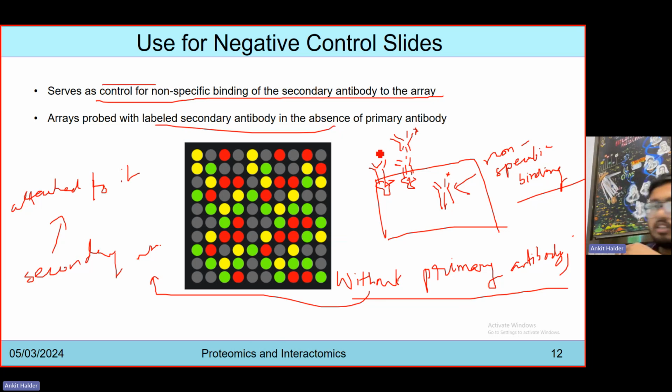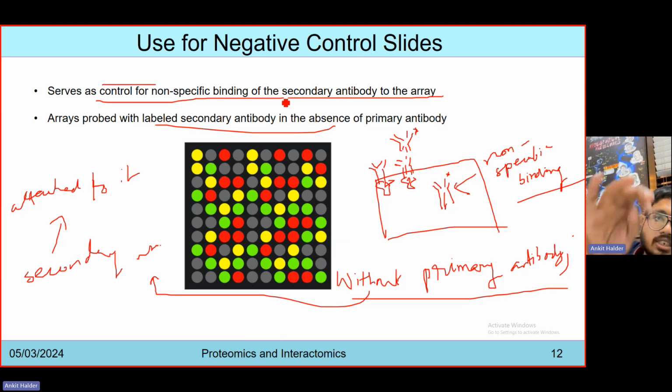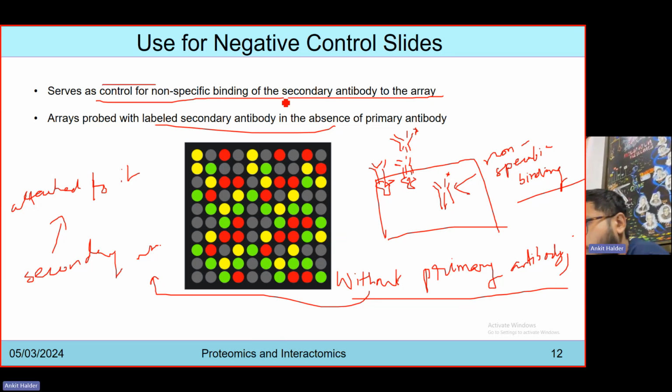In this way, we are getting a false positive result on the basis of the non-significant binding of the secondary antibody. So this is the concept of the negative control.